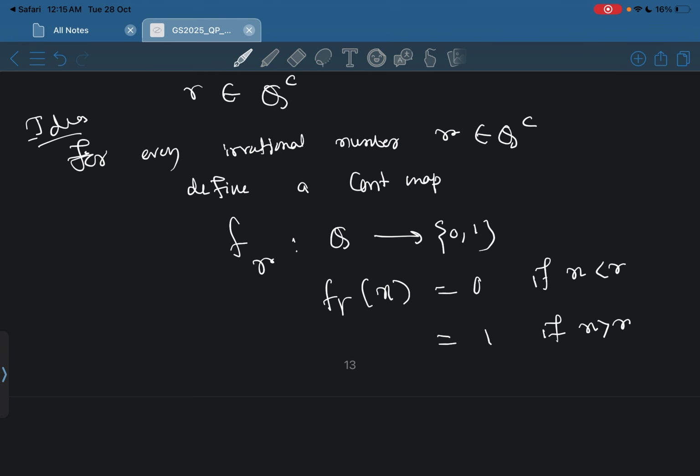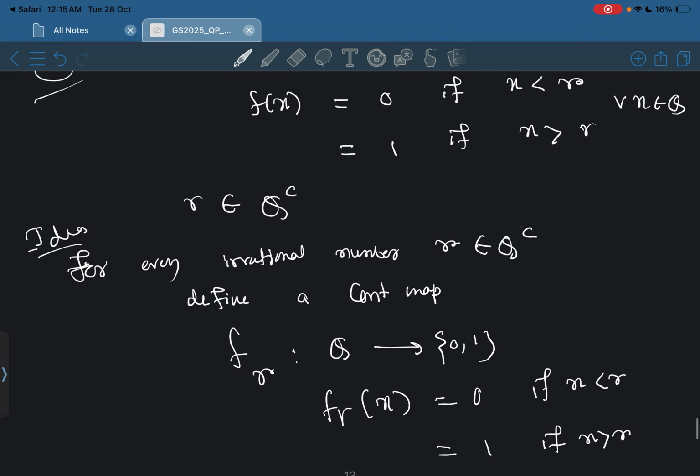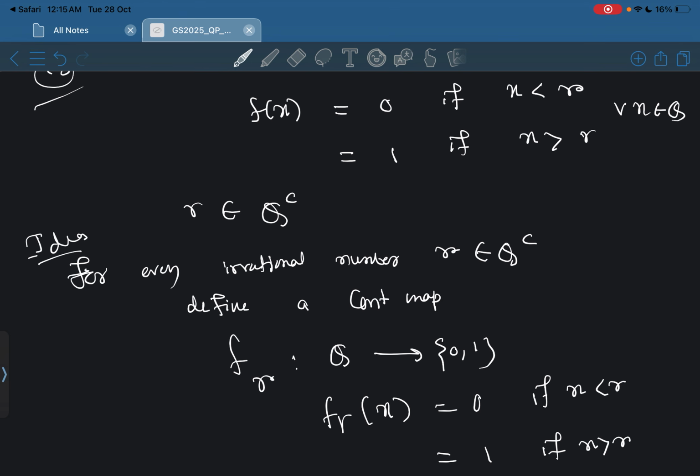This is continuous because {0, 1} is a finite set, so it is a discrete metric space.